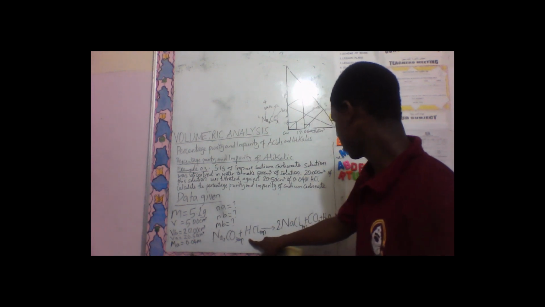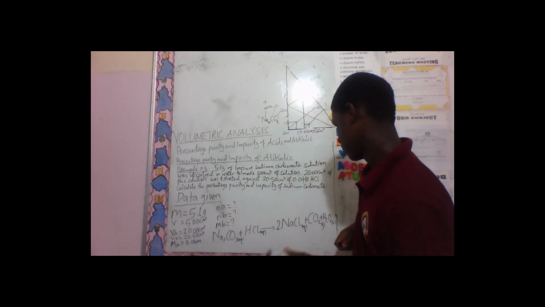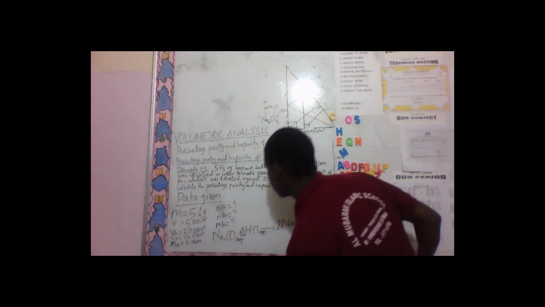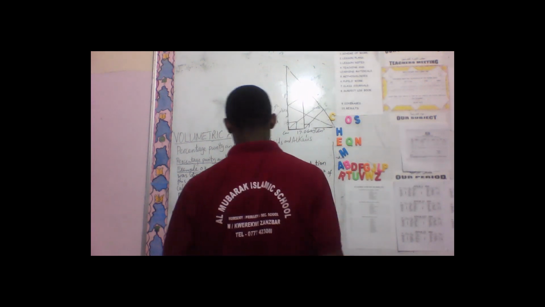For hydrogen, on the reactant side we have 1 hydrogen, and on the product side we have 2 hydrogen. So what must we do? We must add 2 in front of hydrochloric acid. So we have 2 hydrogen on both sides, and chlorine is also balanced. So our equation is already balanced.